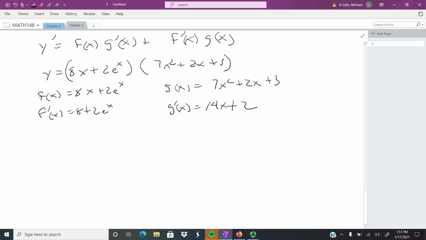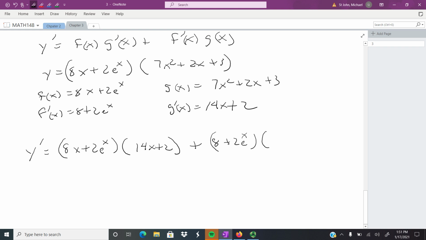So then my derivative is just put this all together: 8x plus 2e to the x times 14x plus 2, plus 8 plus 2e to the x times the 7x squared plus 2x plus 3. And we get that.